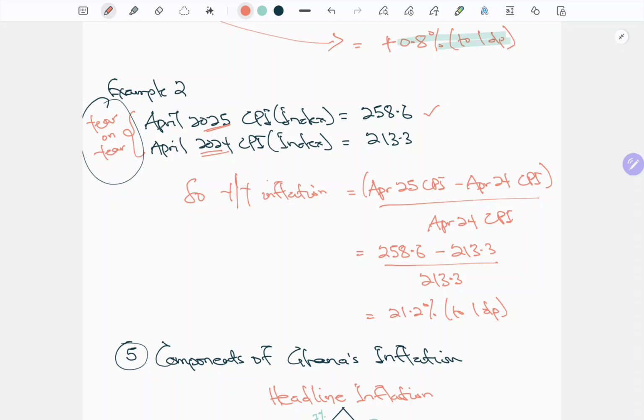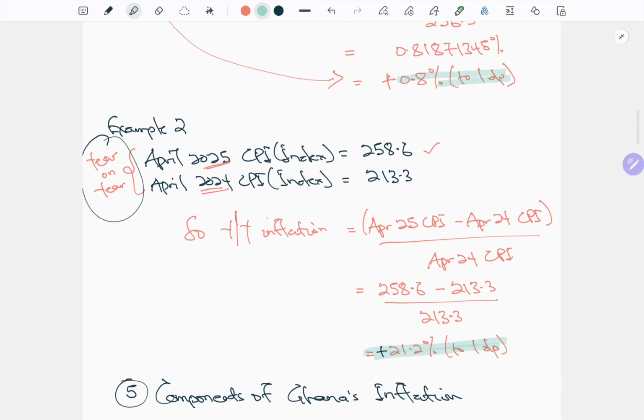Again, we work through like we saw up there, find the change, the quantum of change over the original. And what we have, again, for emphasis sake, we can put a plus here. So what we have here is a positive 21.2%. And in Ghana, inflation is always computed to one decimal place.